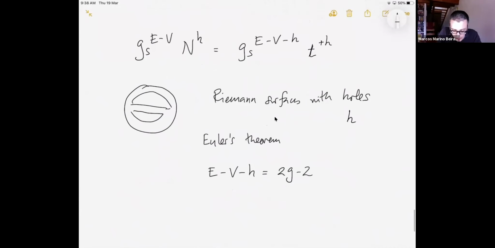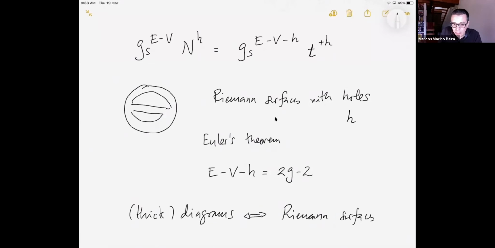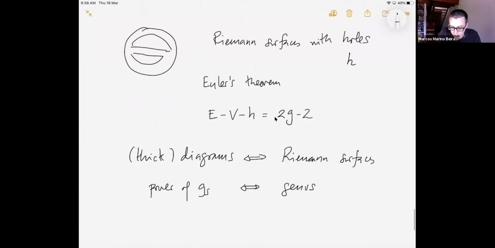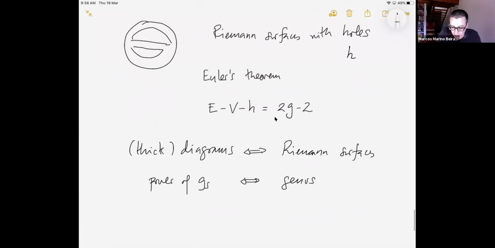So that's a very important fact of life, that these kinds of thick diagrams that 't Hooft introduced can be regarded as Riemann surfaces. And then the power of gs is related to the genus of this Riemann surface. So let's go back to this diagram.